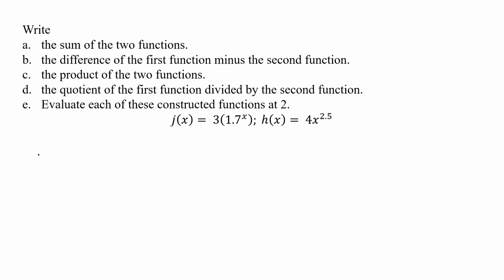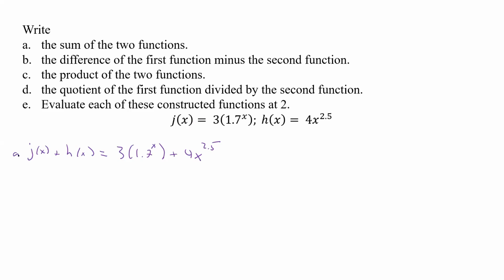So the sum of the two functions. We're going to take j of x plus h of x. So we're just taking those plus those: 3 times 1.7 to the x plus 4x to the 2.5. Now, there's nothing we can simplify here, so that's just the two functions added together.